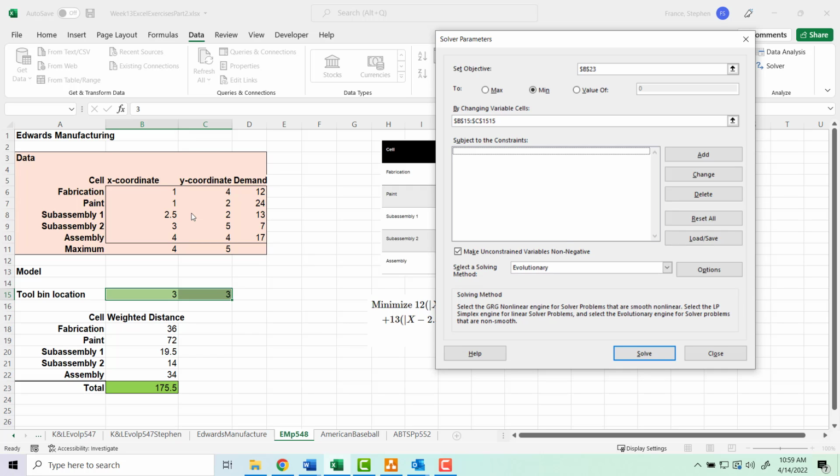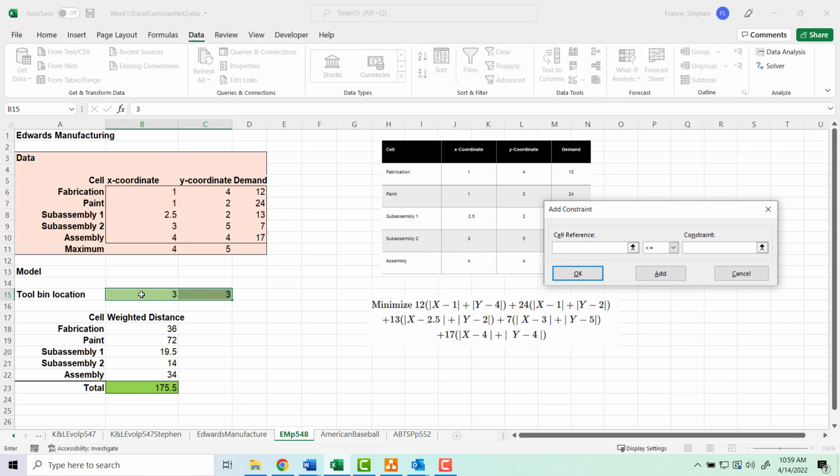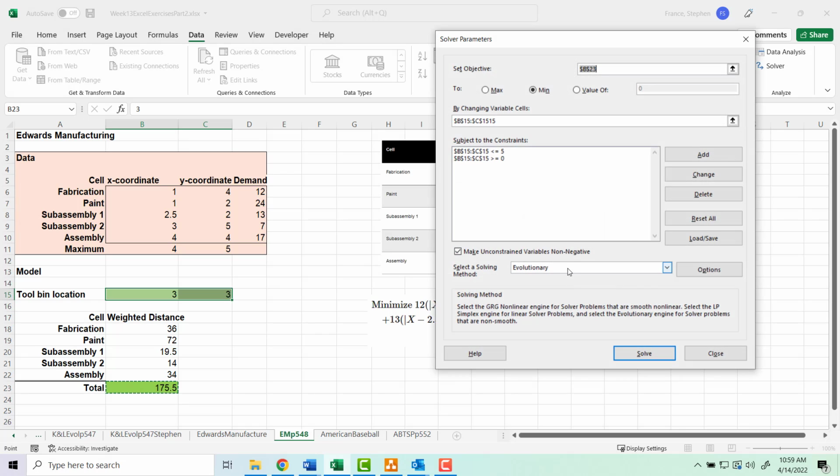It wouldn't make any sense for the tool bin location to be negative because that would create huge distances. So let's say that our tool bin can be anywhere between 0, 0 and 5, 5. So we set these greater than or equal to 0, and also less than or equal to 5. So those are my constraints.